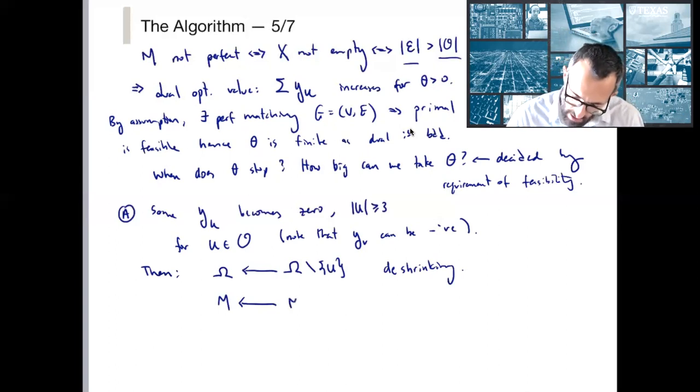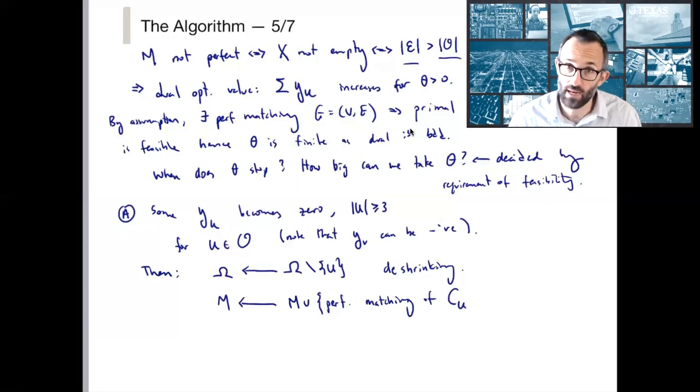So M is just its previous edges, and I'm just going to add the edges that I expanded. So it's the perfect matching of Cu. Remember, we're maintaining that Hamiltonian cycle in the odd length blossom, minus V, where V was covered by M.